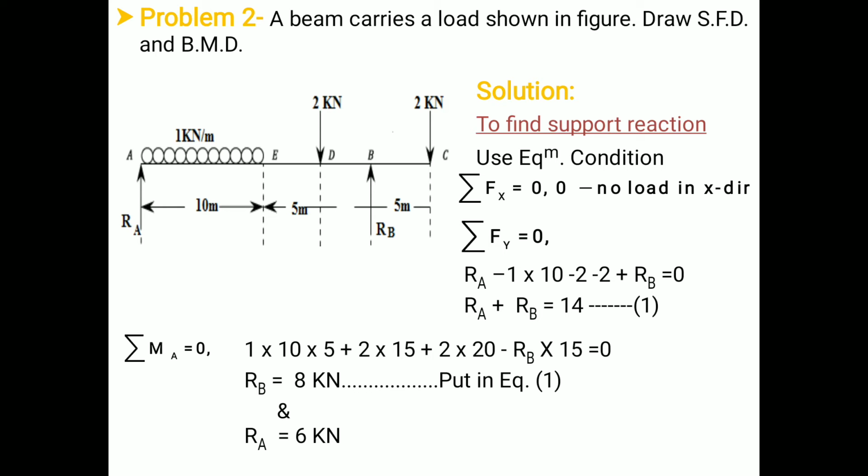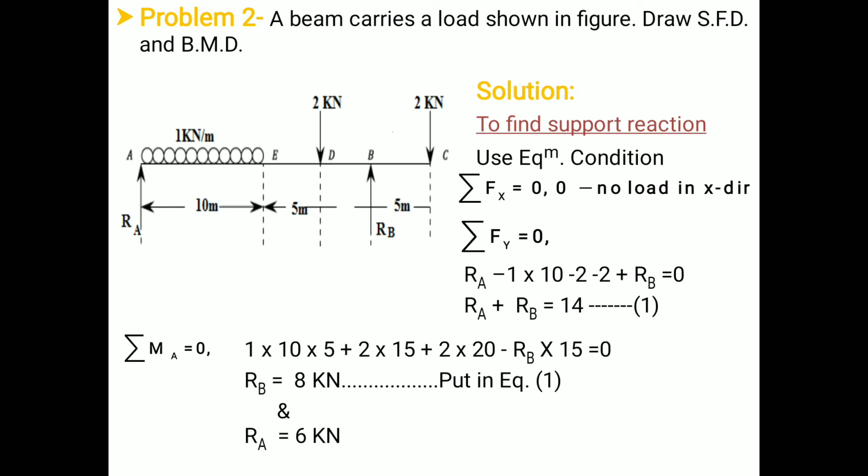Similarly, plus 2 into 20, as this 2 kN load will act at a perpendicular distance of 20 meter. Minus RB, because RB will act in anti-clockwise direction, and the perpendicular distance is 15, so minus RB into 15, which is equal to 0. So it is the summation of all the moments about point A equal to 0.